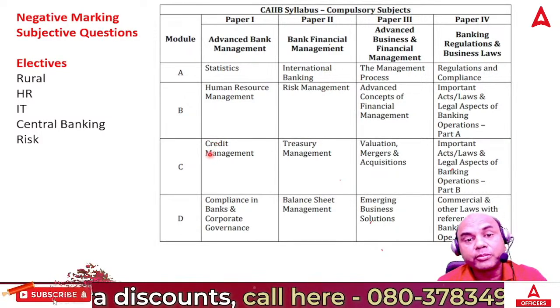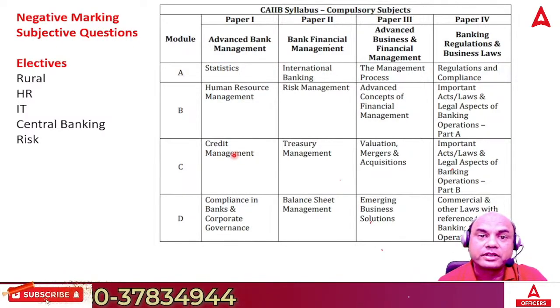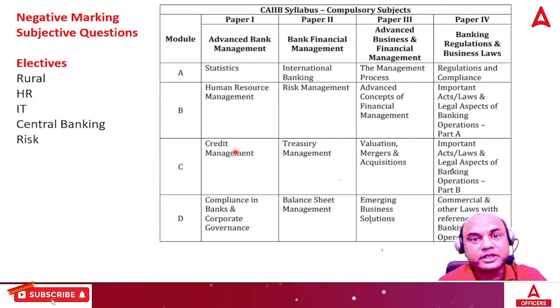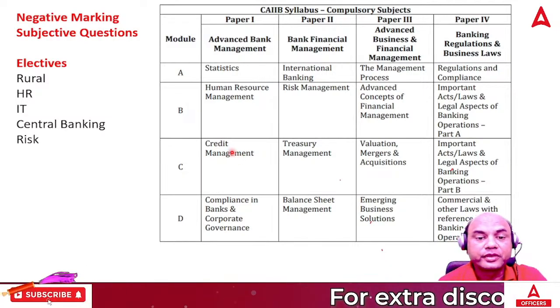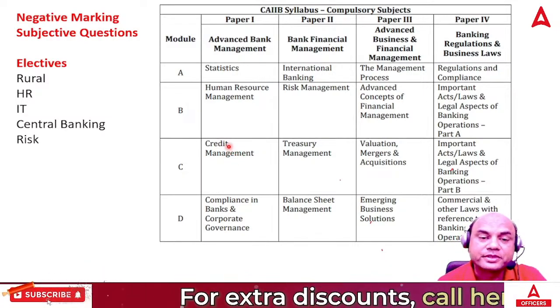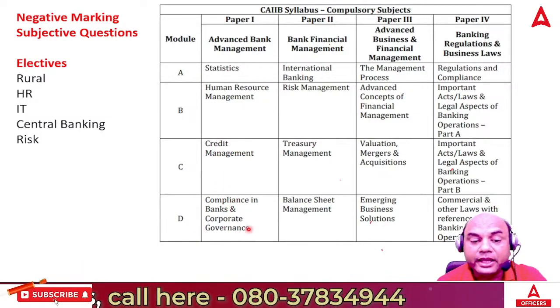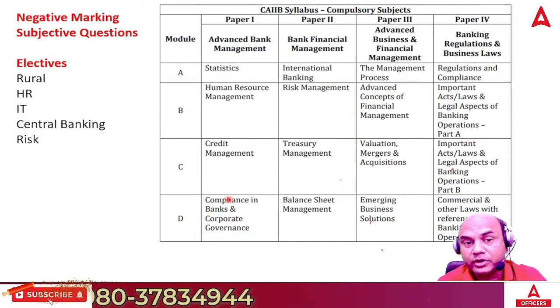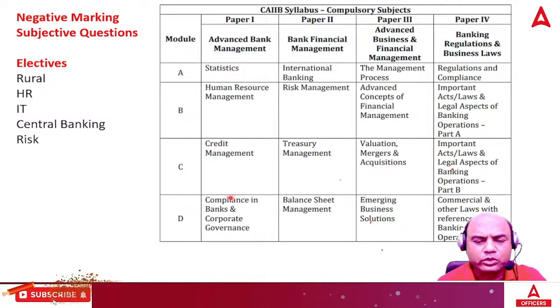Whatever you do in your bank at the HO level as well as at the branch level. Not only loan processing, because that is simple, but handling the loan portfolio. What are the various steps of handling the loans? What are the various steps of monitoring? Compliance is also very important nowadays. This has gained huge importance. Of course, it's totally theory related.